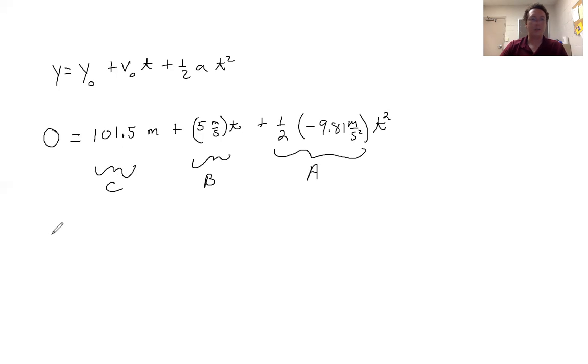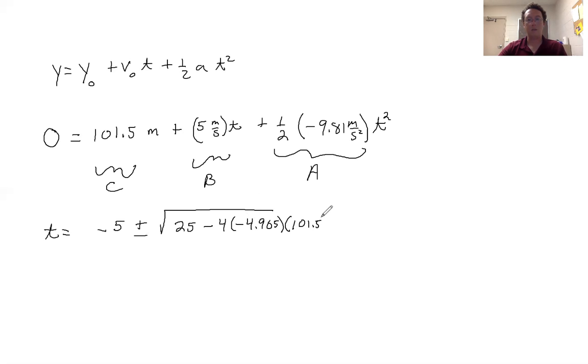And so when I solve it, I get that the time equals negative b, I'm going to drop the units here, plus or minus the square root of b squared minus 4 times a, which would be negative 4.905, because a is half of 9.81 with a minus sign, times c, 101.5.